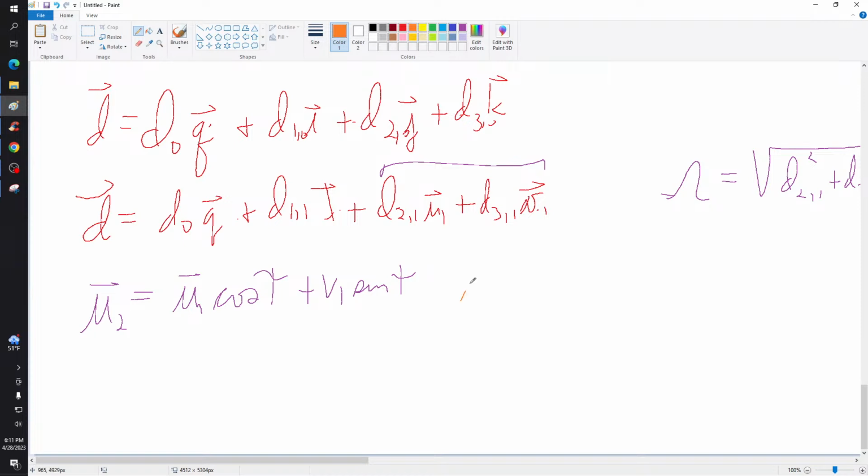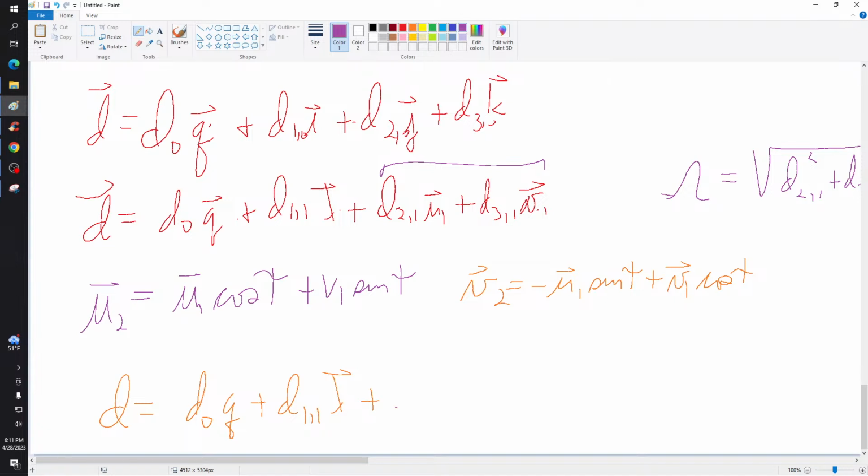And we're going to define nu2 as negative mu1 sine psi plus nu1 cosine psi, which then says that d is equal to d null q plus d1,1 lambda plus omega mu2 plus 0 nu2. This is a huge step.